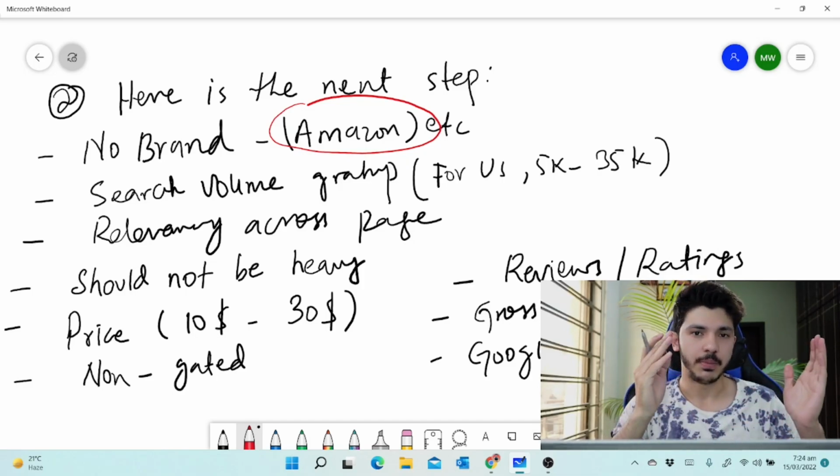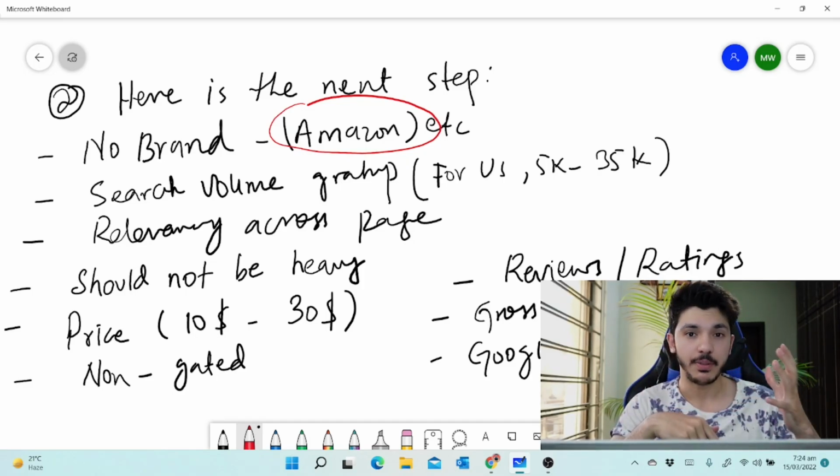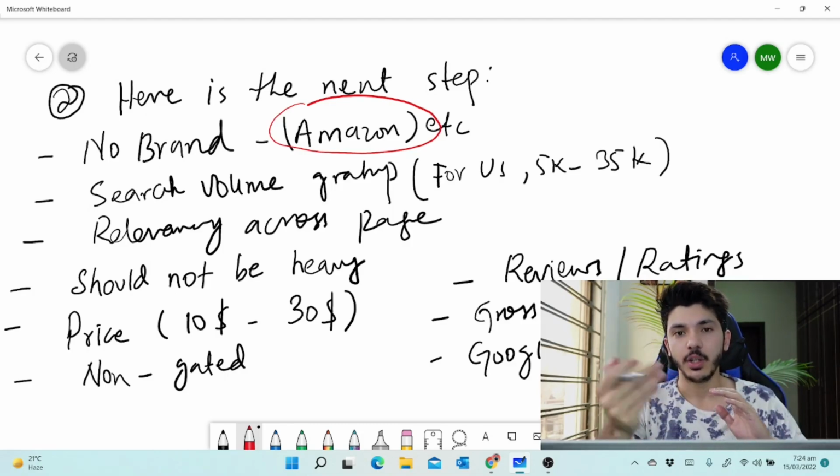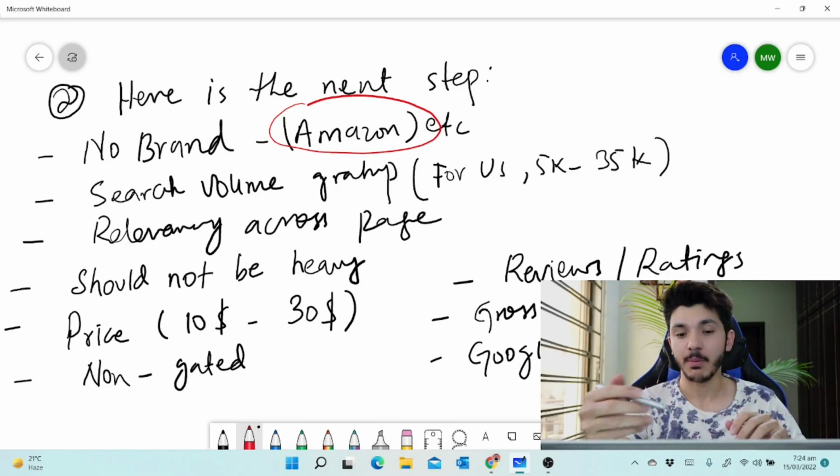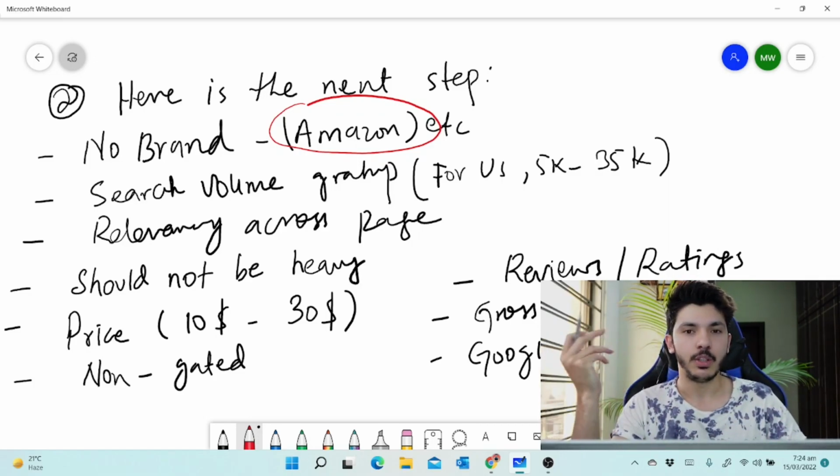Let's say in the top 10 Sony is repeating 5 times, or Amazon itself is repeating 5 times. Let's say you want to sell Alexa on Amazon, which is an Amazon product. You will see the brand dominancy, and Amazon is already dominant on that brand.